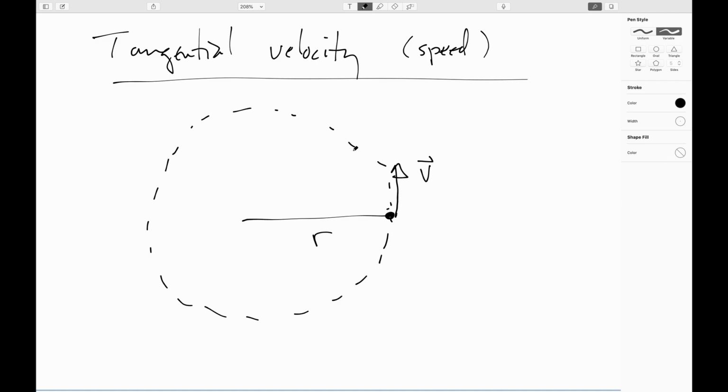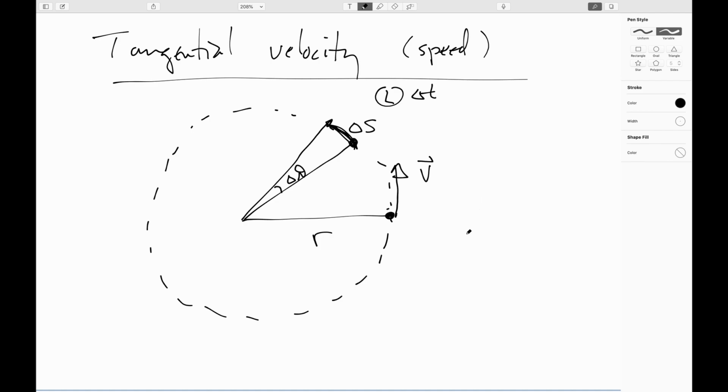So we can figure out how fast this is by looking at two subsequent periods of time in the orbit. In this small amount of time, delta t, the stopper would have traveled an arc length delta s. And also, the stopper and string would have gone through a matching small angle, delta theta.